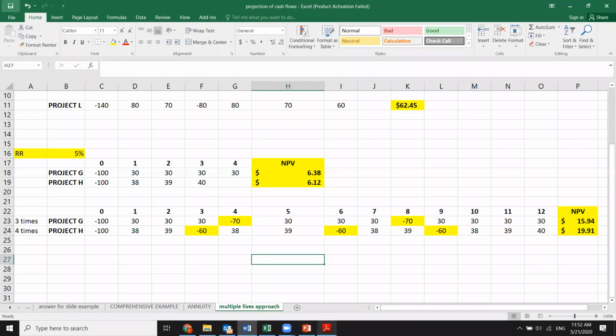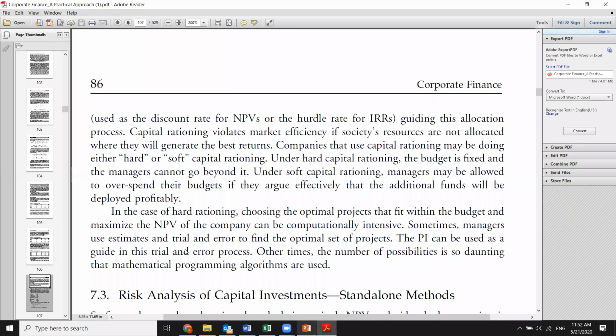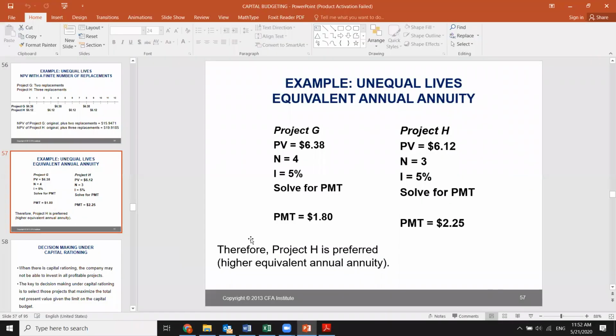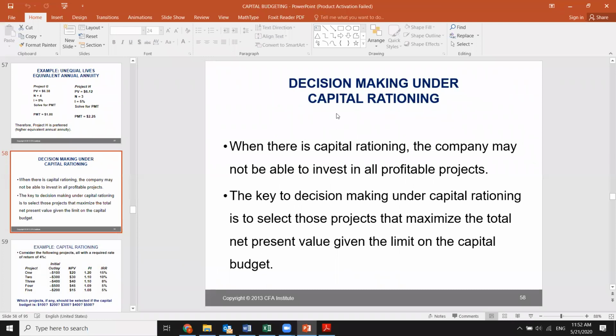Okay, let's move it further. So decision making under capital rationing. When there's capital rationing, the company may not be able to invest in all profitable projects. That means that you have a budget constraint.